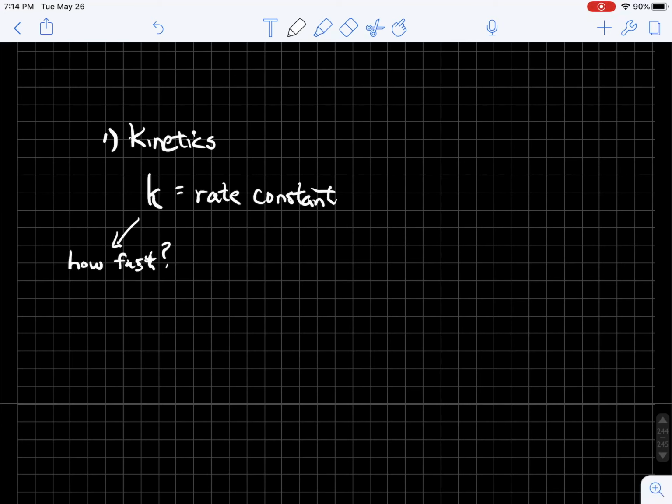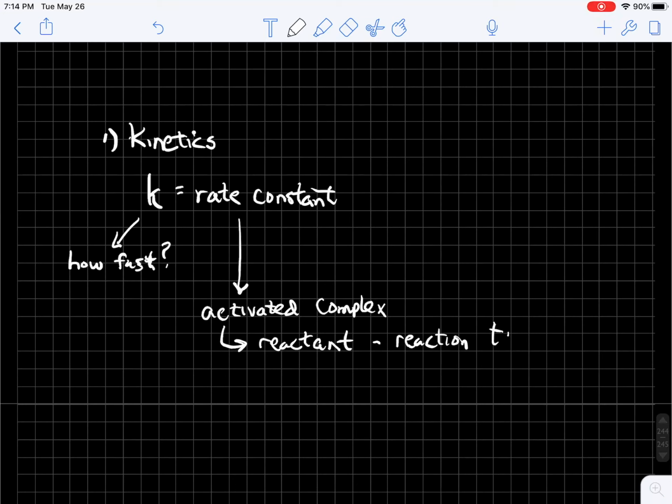It's how fast. Okay. The things that are considered in the rate constant is things like the activated complex. In other words, we've got to bring together reactants. They have to come together at the right time, right place. So, reaction timing, reaction site, brought together at the right time, right place, correct angle, because these are based on particle collisions, so we're looking at the angle of collision.